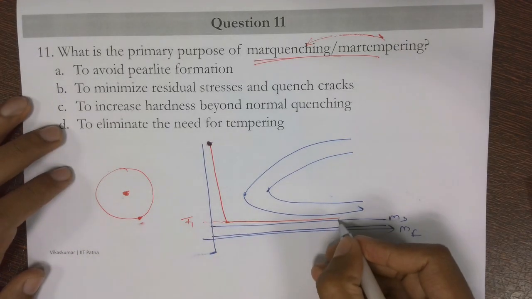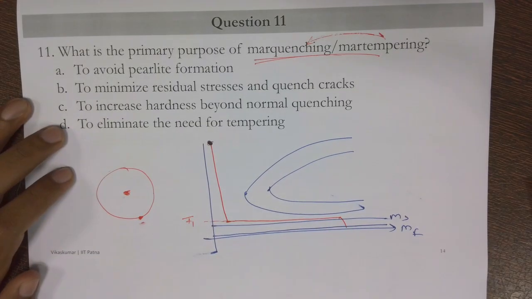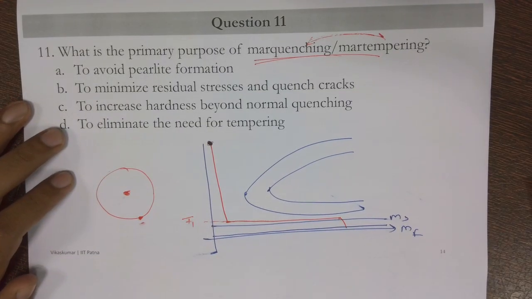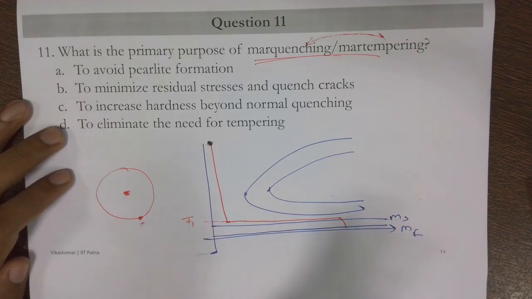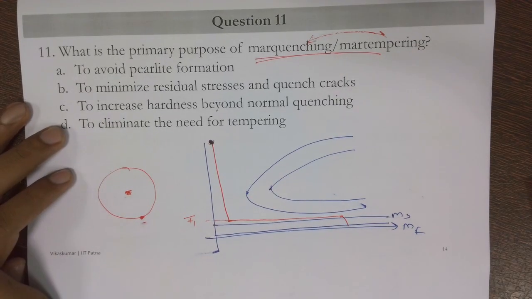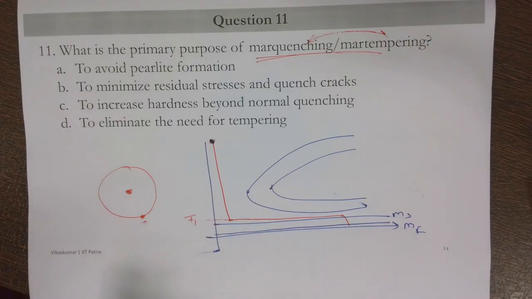Now if I try to cool, they will give me the martensite, right? So now what is happening? What we did is we tried to reduce the temperature difference between the bulk and the surface. And if the temperature difference is not that much, then we can reduce the quenching stresses.